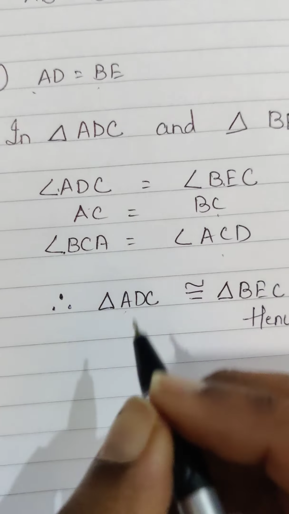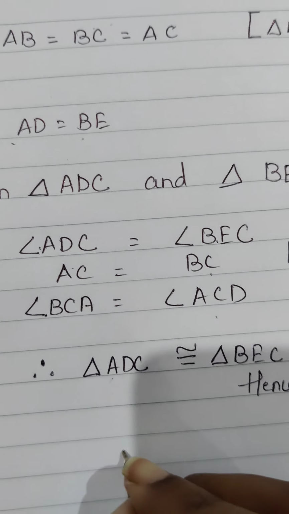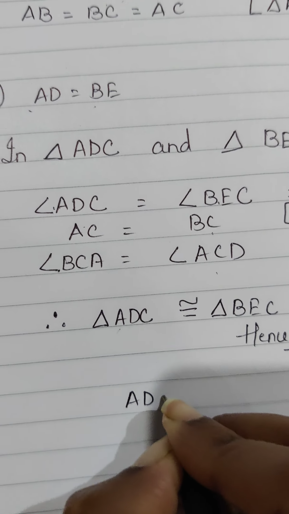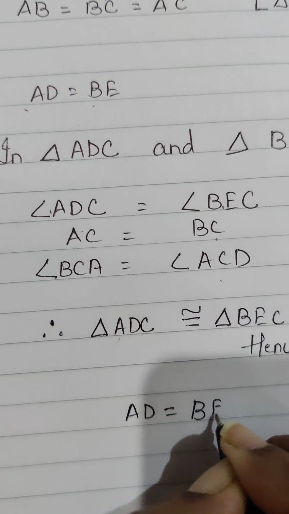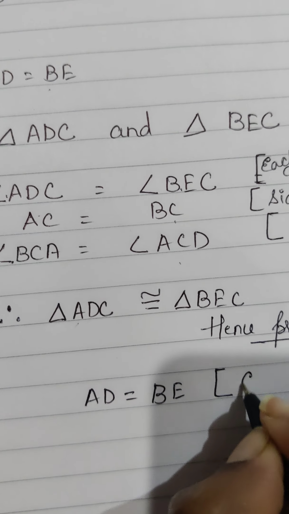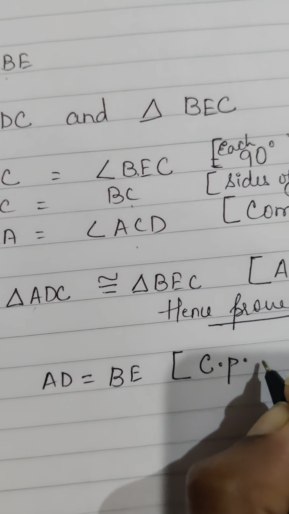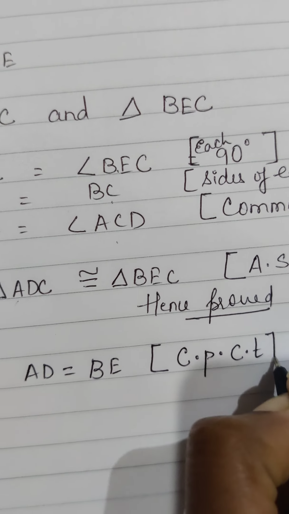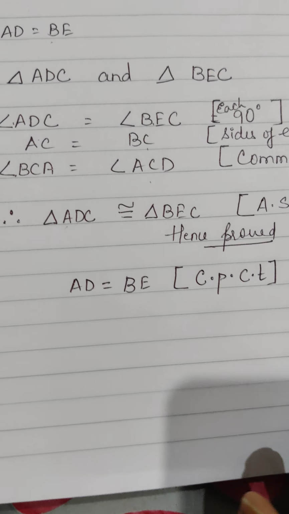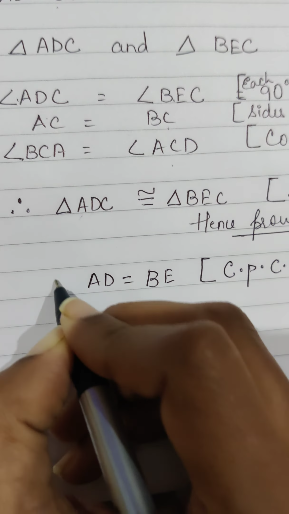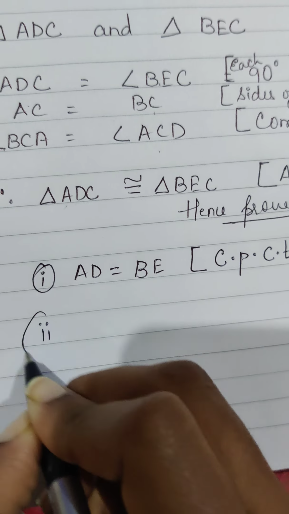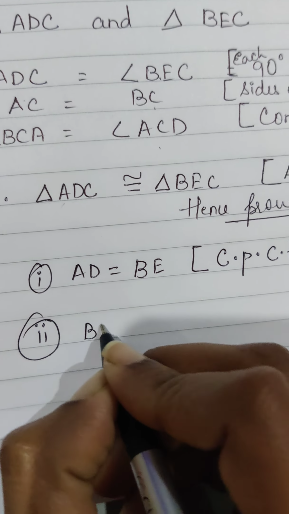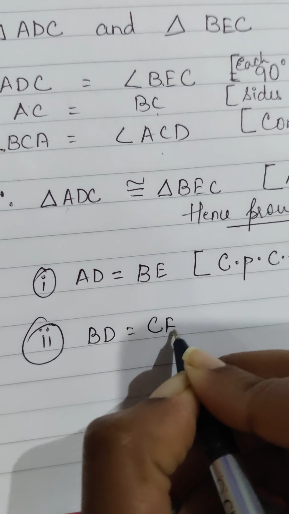Okay, so we can write AD is equal to BE since they are the corresponding parts of congruent triangles. Next, number 2. This was number 1. Number 2 is BD is equal to CE.